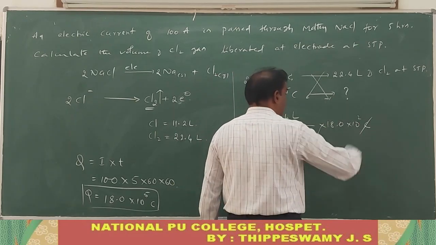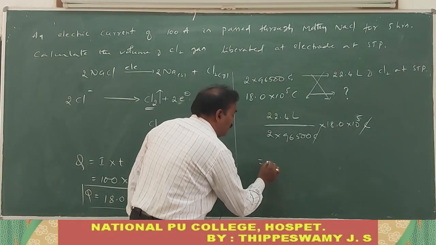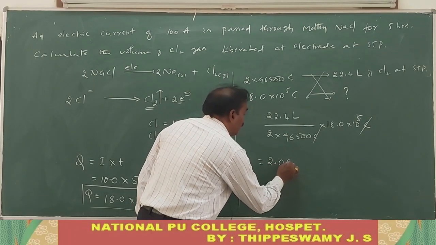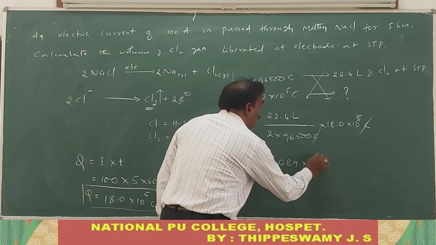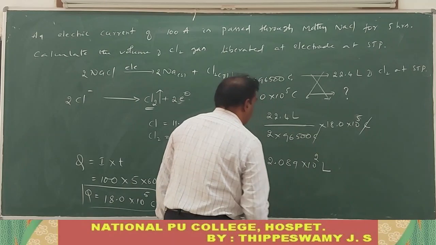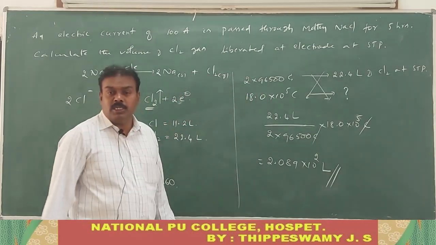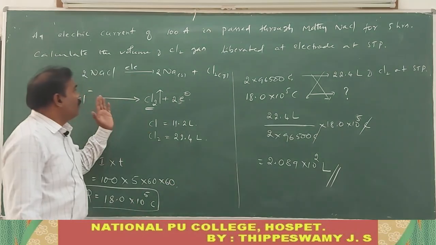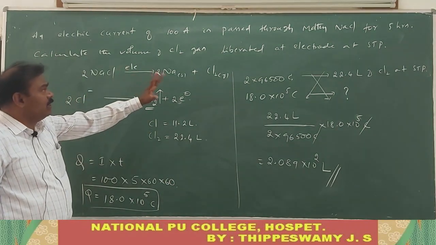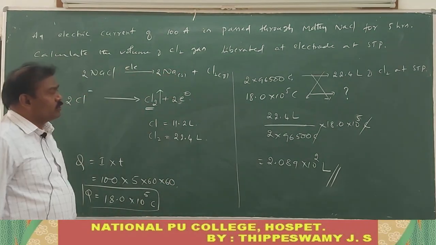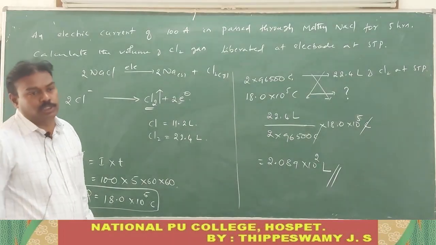Coulomb gets cancelled. The answer will be equal to 2.089 into 10 to the power 2 liter. So this is the volume of the chlorine gas produced at STP by passing 100 amperes current for 5 hours through molten sodium chloride. Okay.